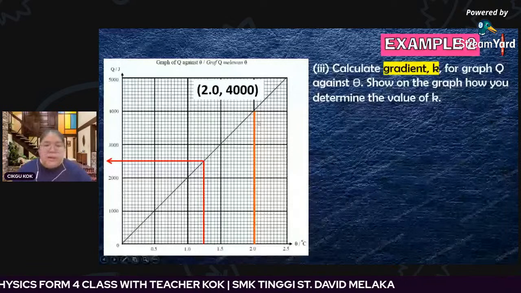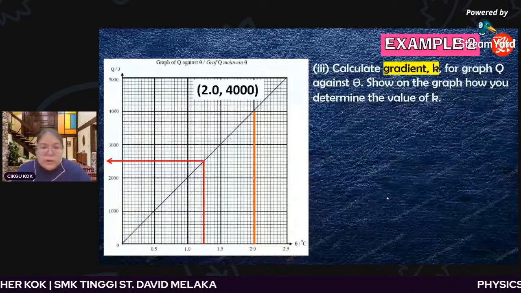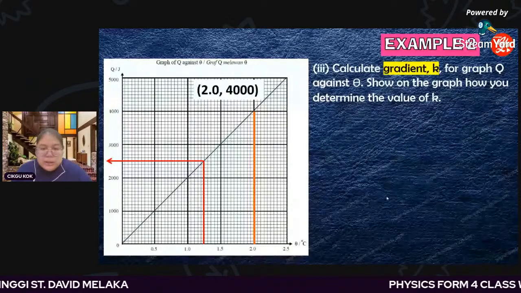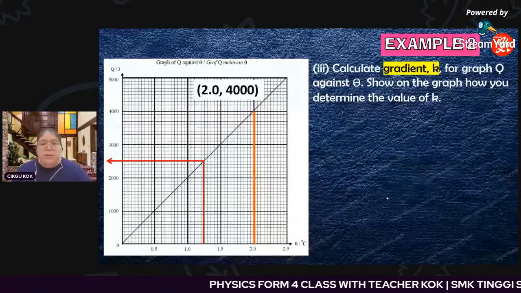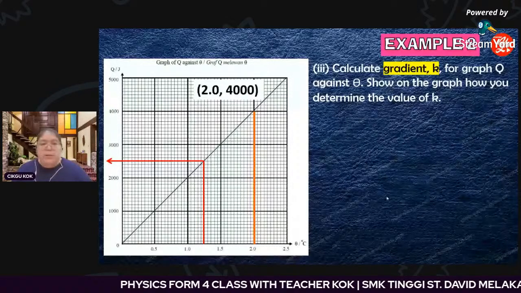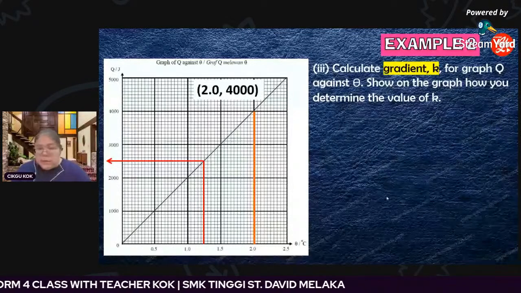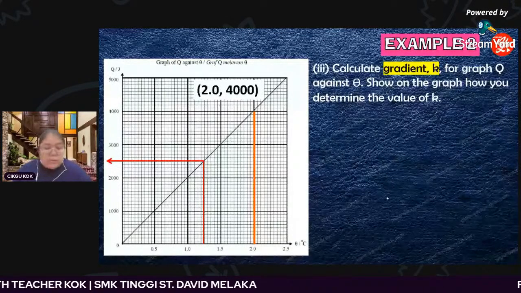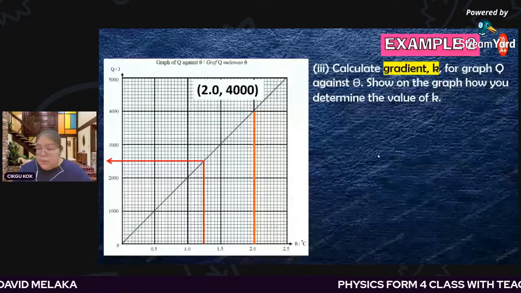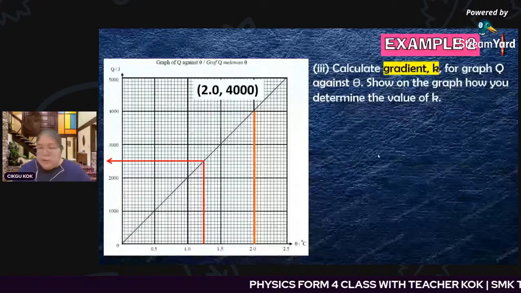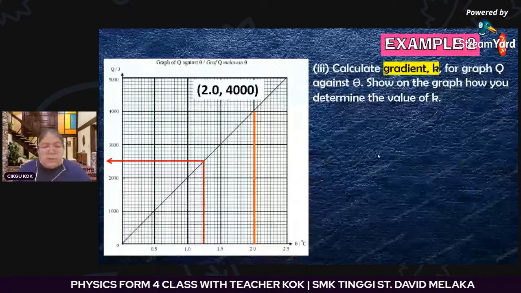So from here, everybody help me to do my calculation for the gradient. You take this point for me. Then you do your calculation to find the gradient. I want the answer. Just do your calculation by using your calculator. Calculator must be standby there. Then we check, is your answer correct or not?